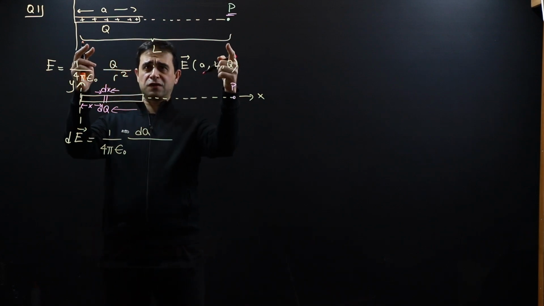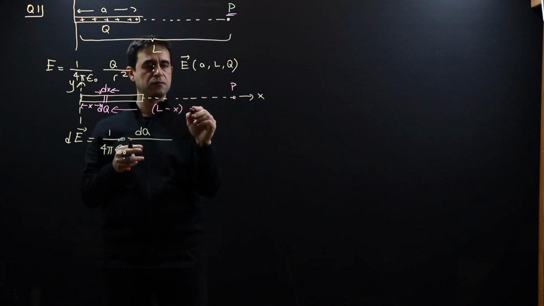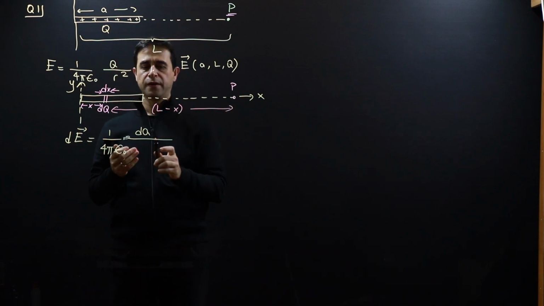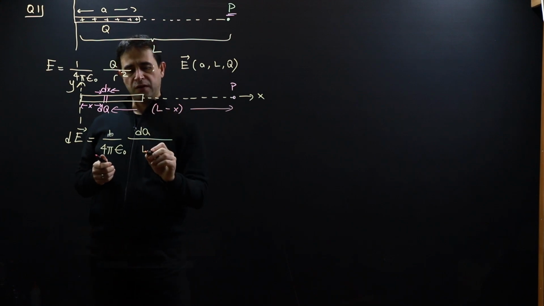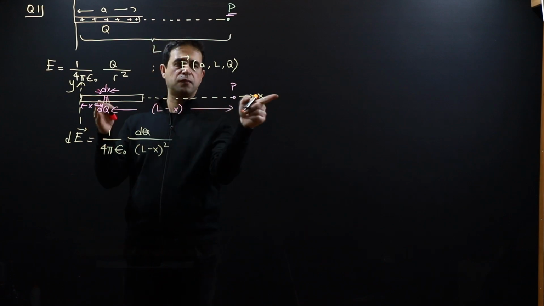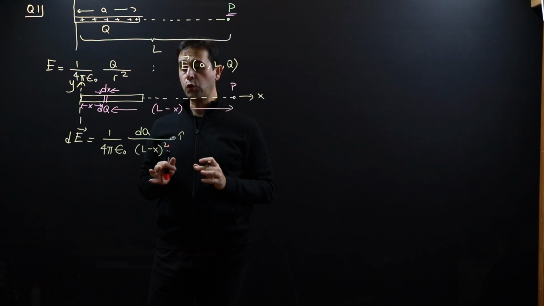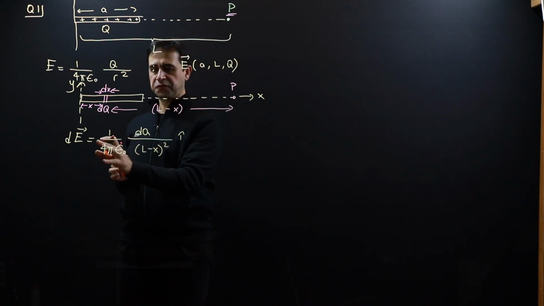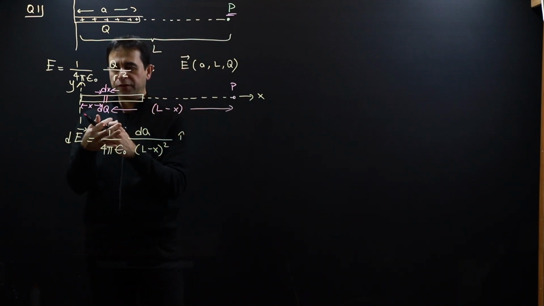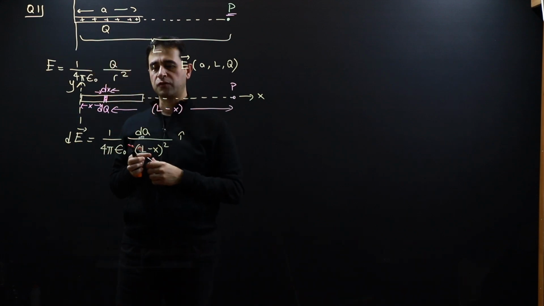So remember that the total distance is L, and this is x, so the remaining part is equal to L minus x, right? So the distance is L minus x squared, and it's pointing towards this direction, so I'm going to write i hat.